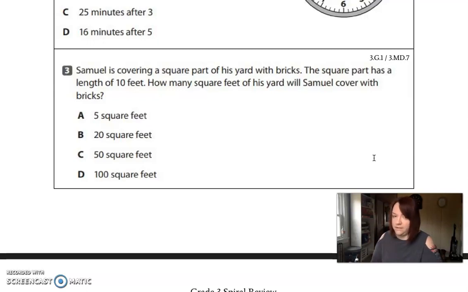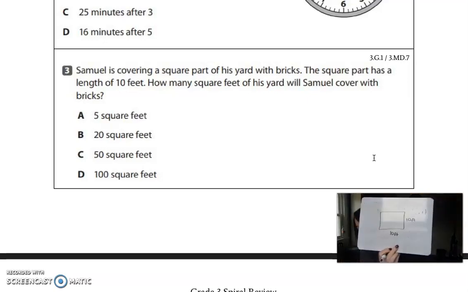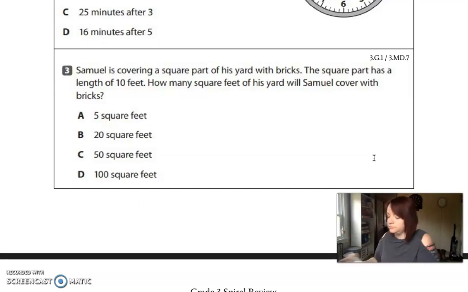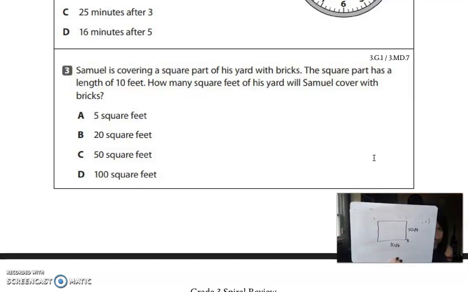So if I have a square, we know our square has all equal sides. So that's why I made our width 10 feet as well. So we need to know the whole thing. So if I need to know the area, I know I need to do 10 times 10.